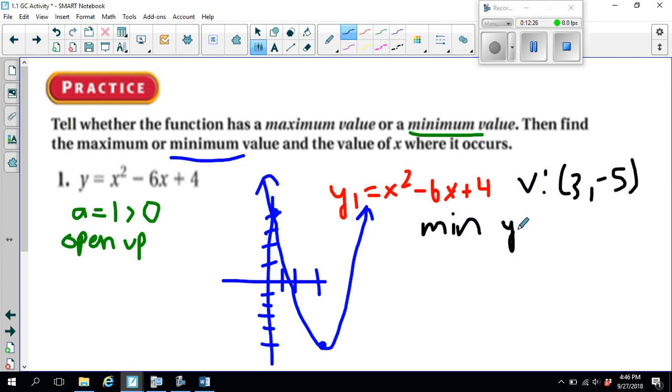So our minimum is y equals -5, and it occurs at x equals 3. So that would be your final answer. So make sure with these that you write your y1, you sketch the graph, and you state what the min or max is, y equals whatever value, in this case -5, and then where it occurs, so x equals the value. In this case, it was 3.